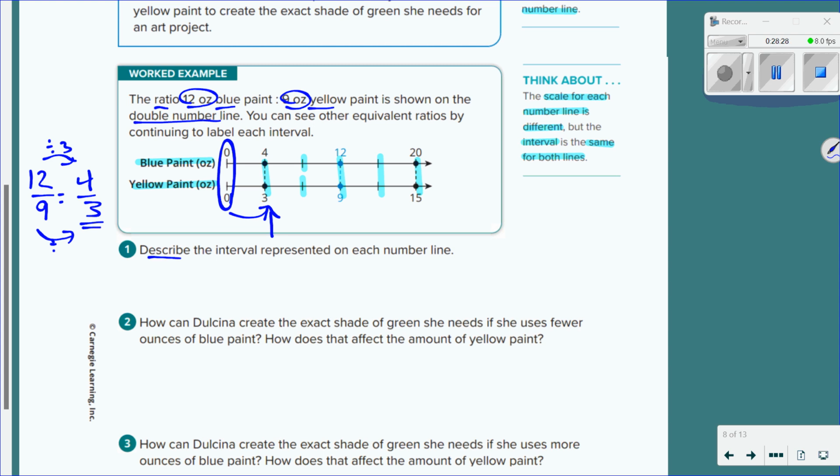If we were to describe the interval represented on each number line, what is the interval for the blue paint? How far apart are my intervals on the top line, guys? This is not a trick question. Mason? 5. There are 5 spaces, but what is each interval? How much is between each space on the top line?